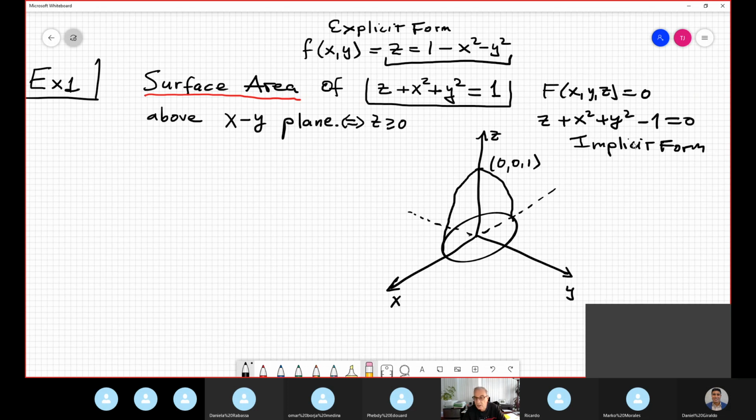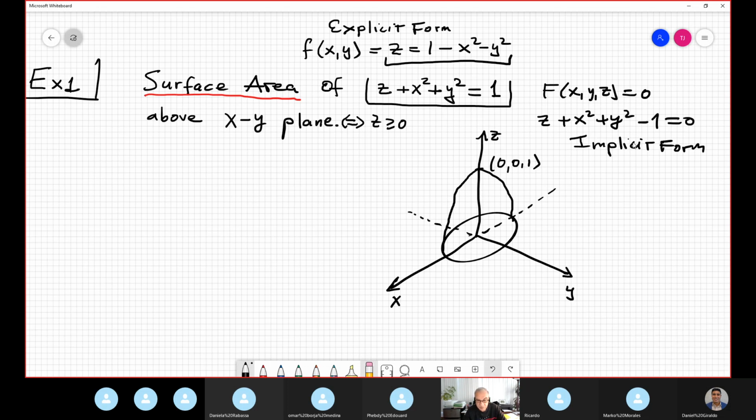Okay, Carlos Duque, and open down. And this is our surface, not only the positive parts, it's completely around the z-axis. So this is the thing I want to determine.